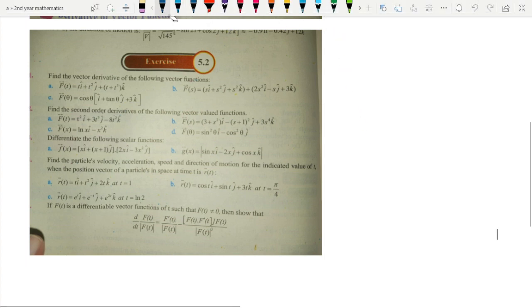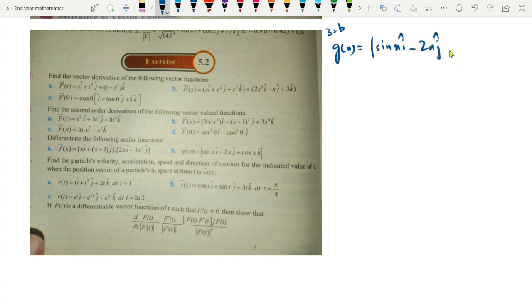So we have the question g of x, question number 3 part b, which is equal to this one, sine of x i minus 2x j plus cos of x k. So this is the magnitude of this vector.